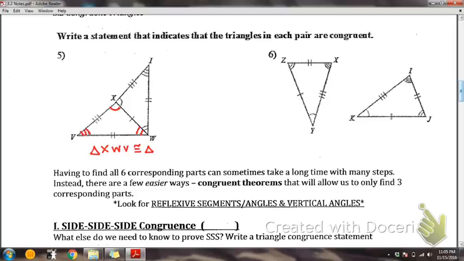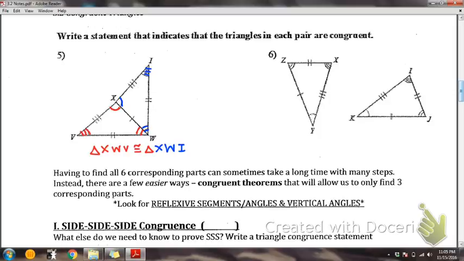I started with 1 arc, so I'm going to start with X, and then I went to 2 arcs, which was W, and then out to 3 arcs, which I believe is an I. Okay, so XWV is congruent to XWI.